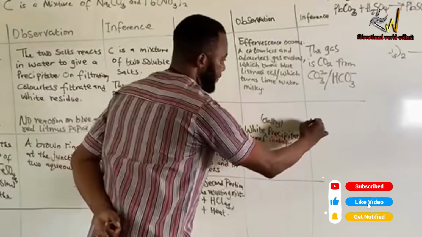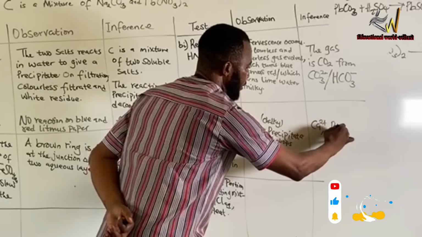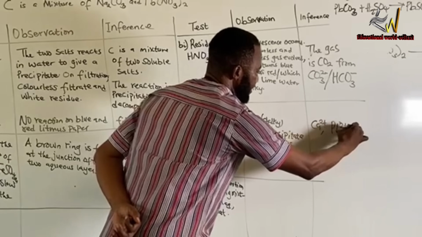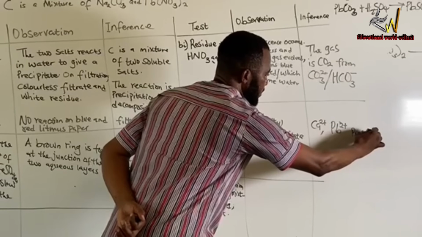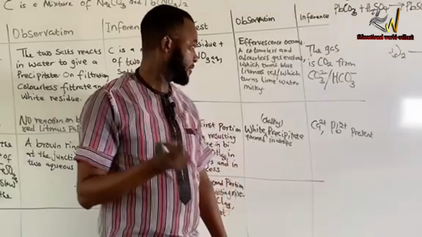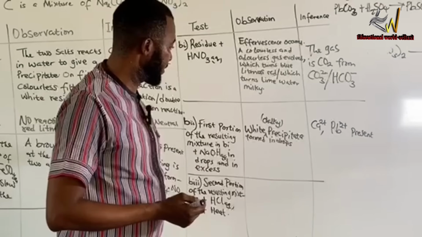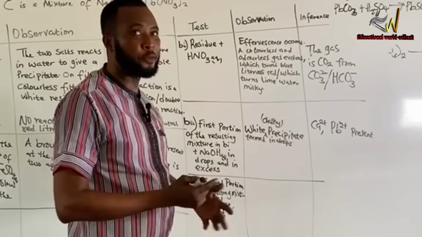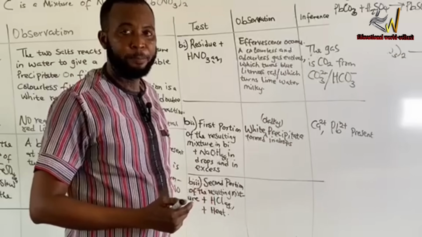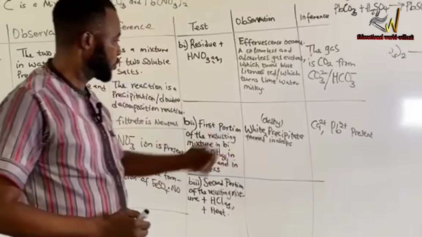You come over here, calcium ion or lead 2 ion present. Never say aluminum ion is present. I have seen so many online chemistry teachers adding aluminum ion presented. No, aluminum ion is a white gelatinous precipitate. So these two cations could be present.